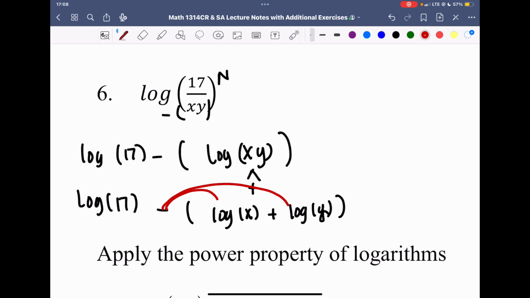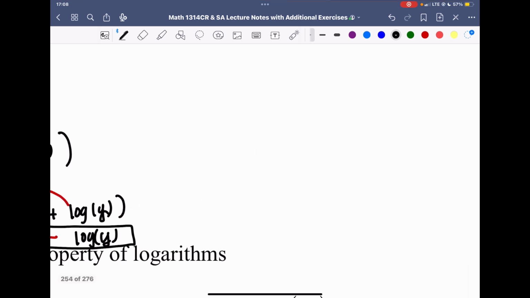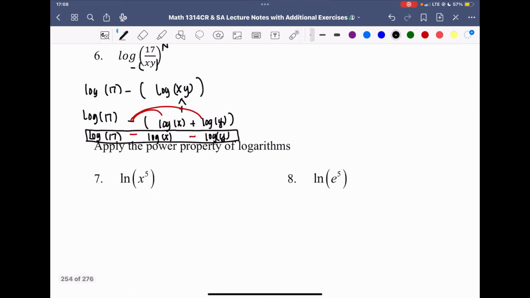So this is going to be negative, negative. Our solution is log 17 minus log x and minus log y. Alright, so that's 4, 5, and 6.